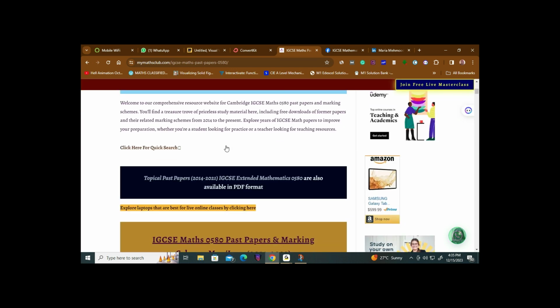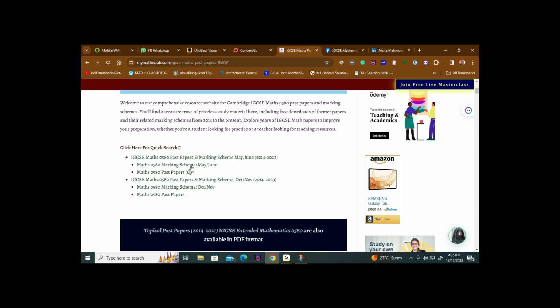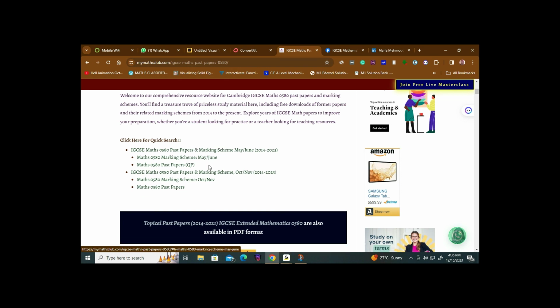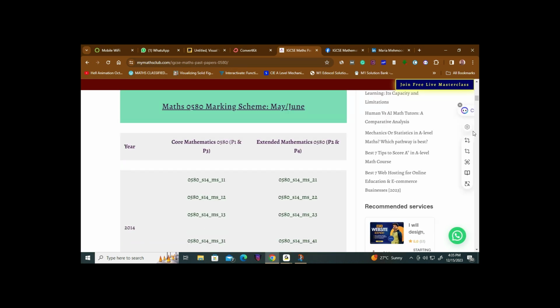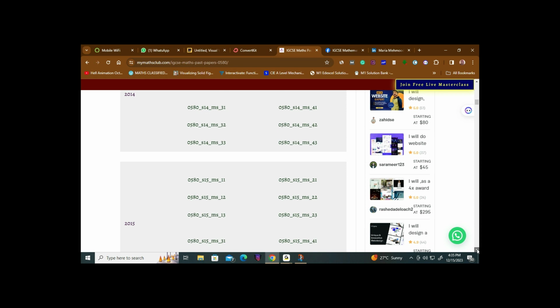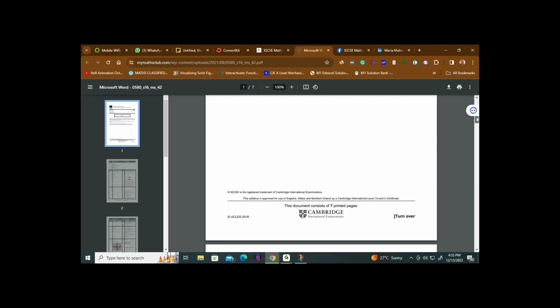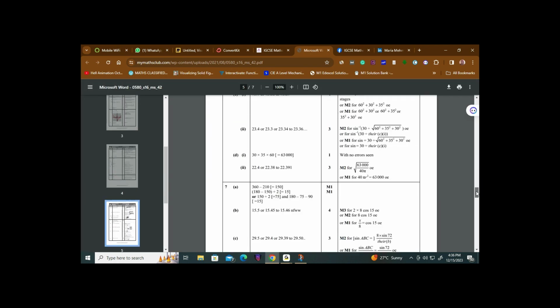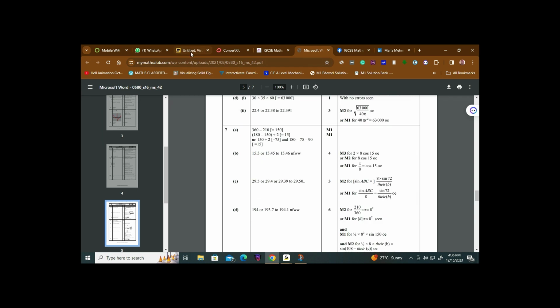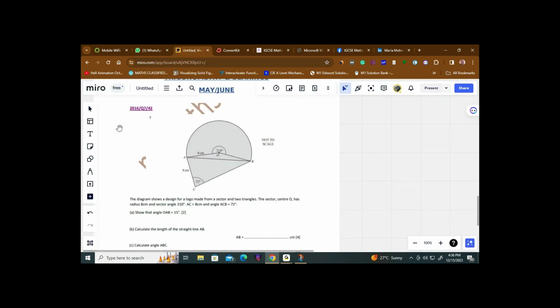I'm picking up the May June 2016 paper 4-2 marking scheme, question number 7. I'm not going to see the answers at all. We are going to solve it first and then we will tally the answers.